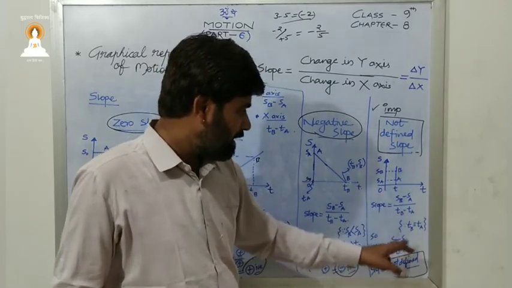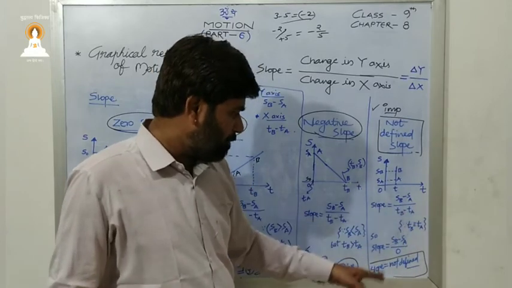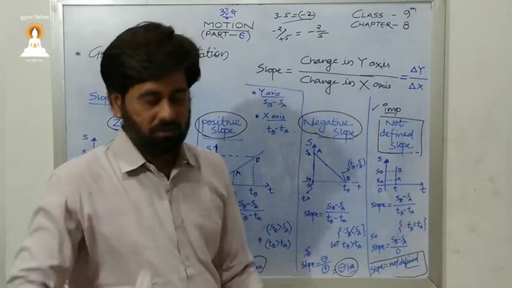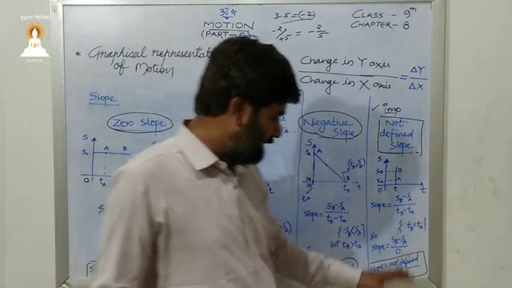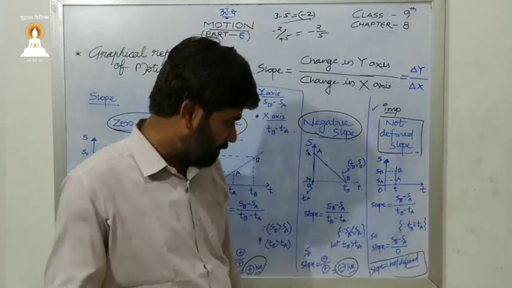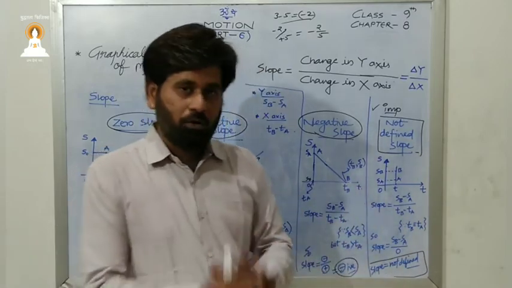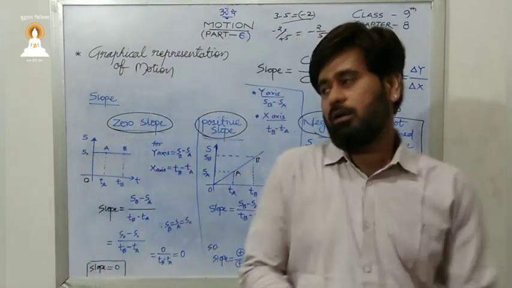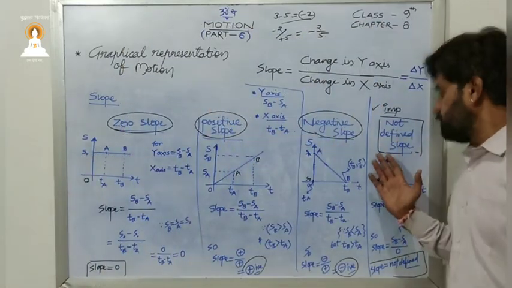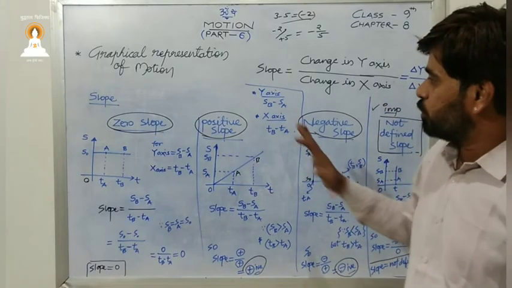So TB minus TA, both are equal, so they cancel out and that will be 0. 0 in the denominator. In mathematics, we say that it is a not defined quantity, when 0 is in the denominator the whole quantity is not defined. That's why we say that the slope is not defined here, or usually people say that the slope is infinity.